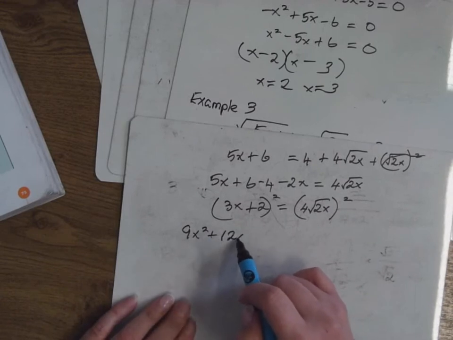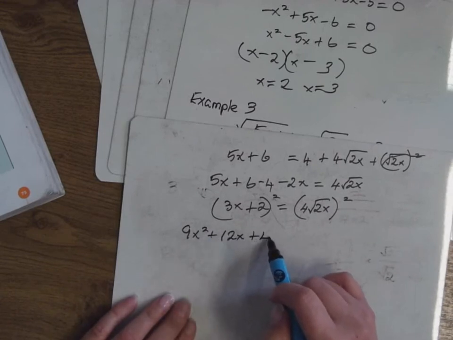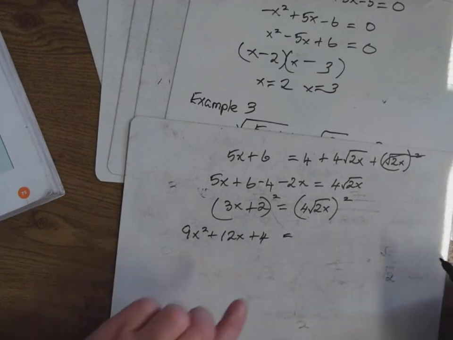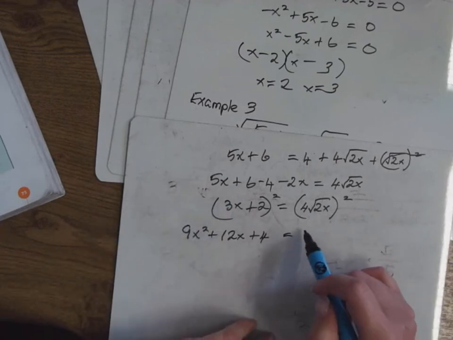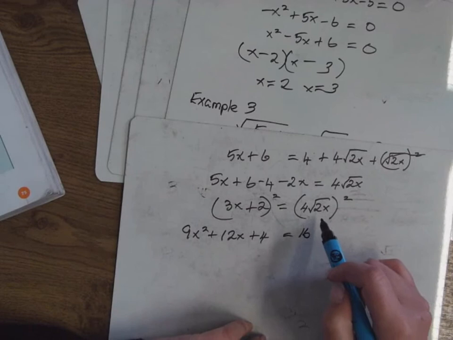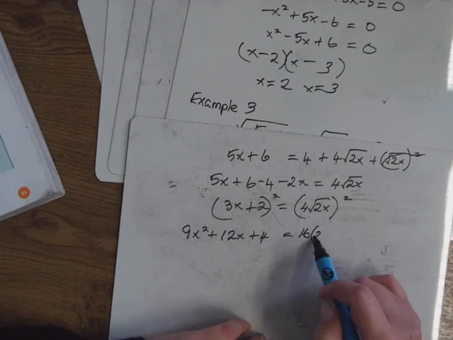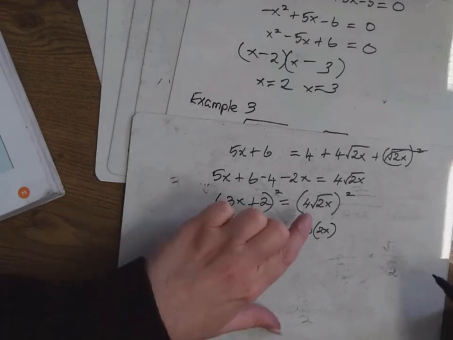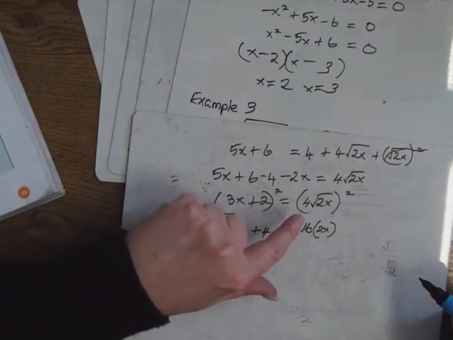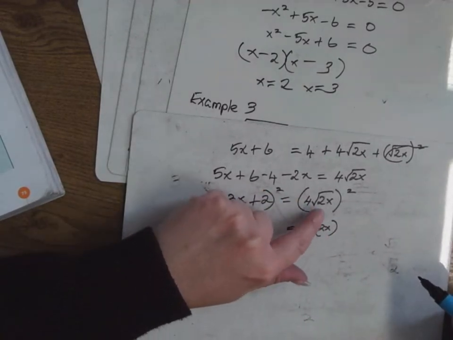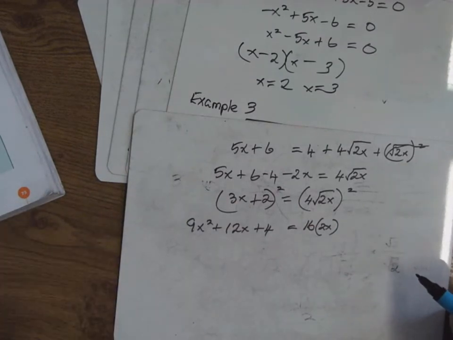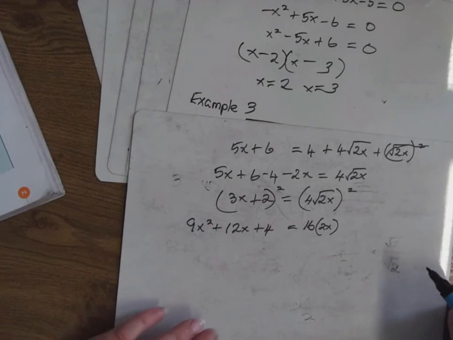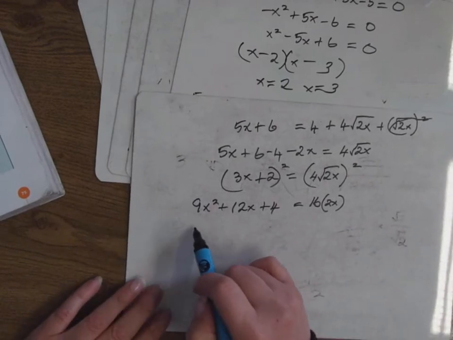Square the last would be 4. And over this side, you square 4, you get 16. And you square root 2x, you just get 2x. Is everyone with me? How that happened? 4 root 2x to be squared, you just square the number. And if you square root 2x, you'll just get 2x. Are you with me? Right, okay. That's 9x.